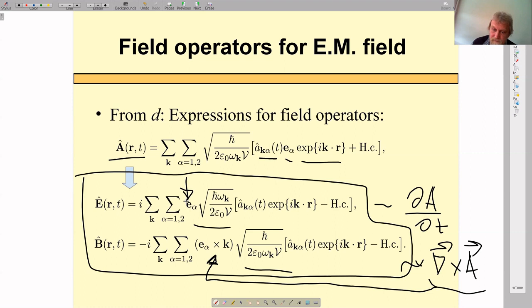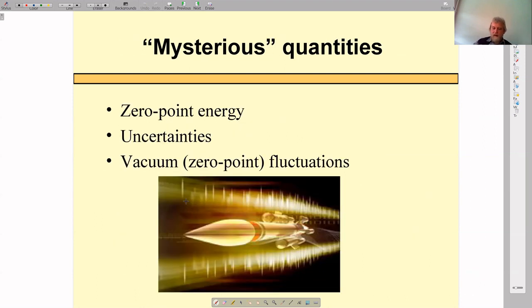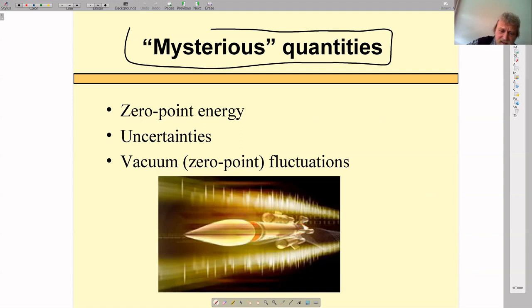What for? What we are going to do now is to address, let me call them, mysterious quantities. I don't think they are truly mysterious, and they are very simple, and we will crack them very soon. But as concerns many simple things, there are many wild stories related to these quantities.